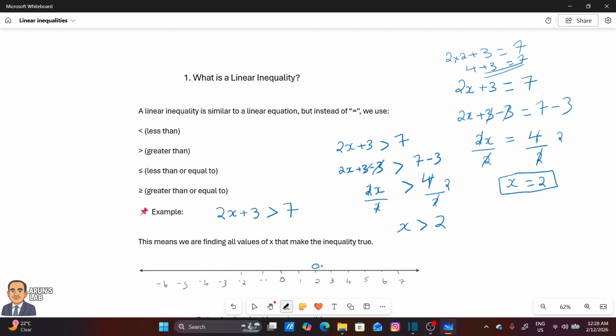So x is greater than 2, meaning all the values go up to positive infinity. In interval notation, we write 2 comma positive infinity, with open brackets because both ends are not included.